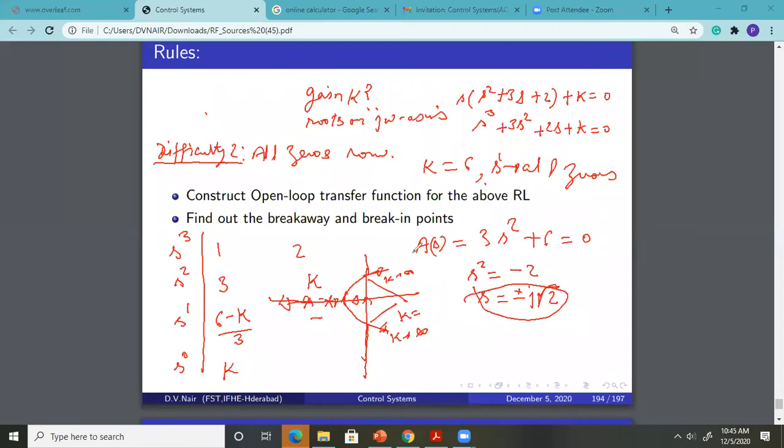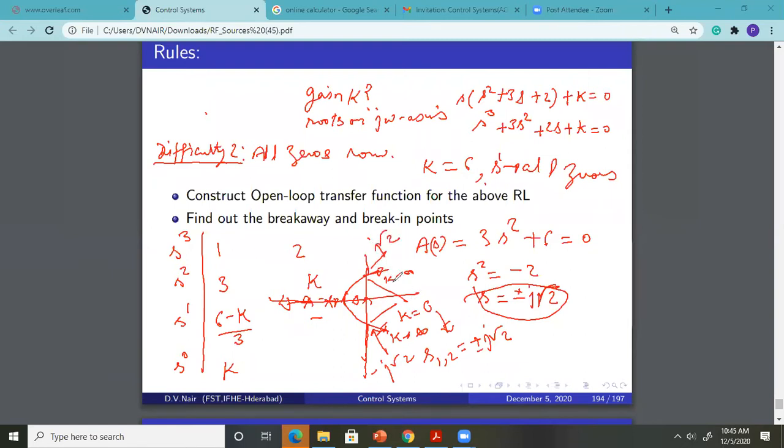So when k is equal to 6, what are the corresponding roots? The corresponding roots are plus or minus j root 2. This is on the negative imaginary axis, minus j root 2. This intersection point is on the positive imaginary axis, plus j root 2.